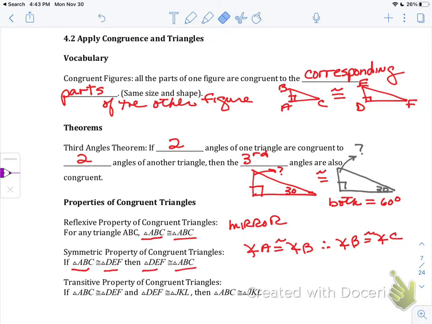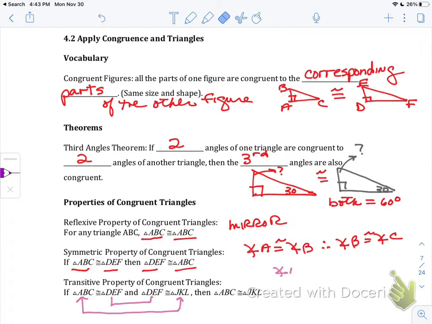Okay, one more property is the transitive property, and this I find rather interesting. So if triangle ABC is congruent to triangle DEF, and triangle DEF is congruent to triangle JKL, since these guys are the same, doesn't it make sense that triangle ABC is congruent to triangle JKL? Okay, so let's do it with simpler things.